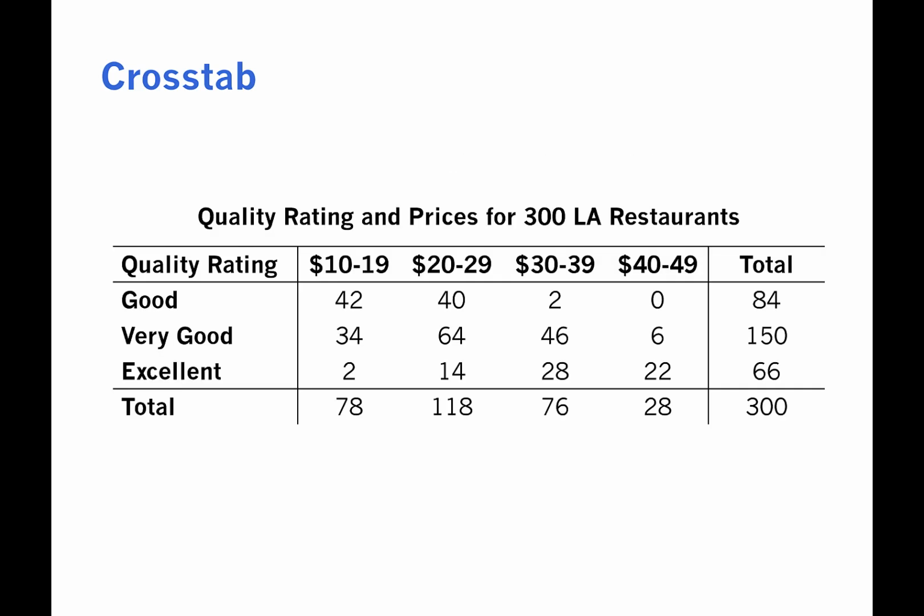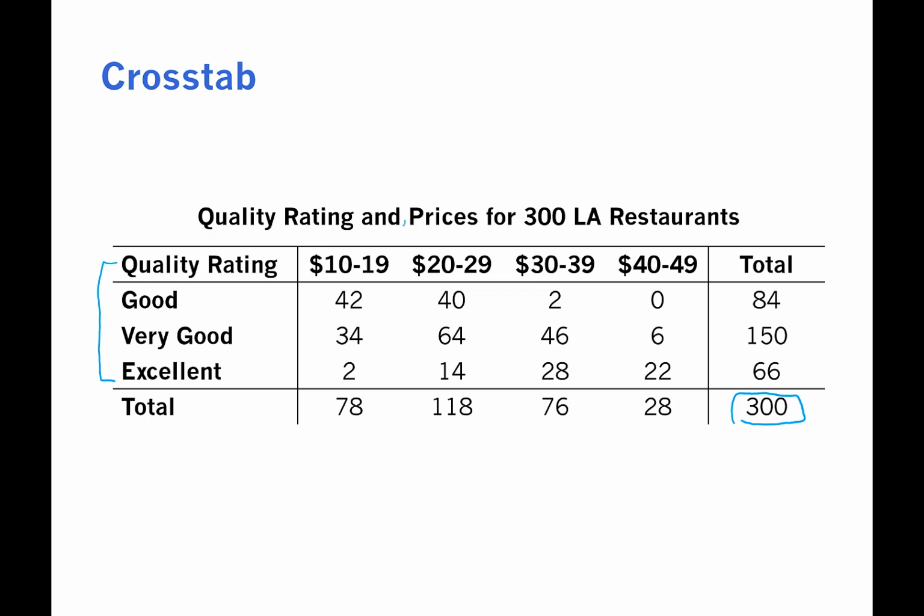Let me show you an example. What I have here is the quality rating and the prices for 300 restaurants in LA. Notice that my sample size is 300. That's the total number of restaurants I have in my sample. And then the quality rating is actually a categorical variable, and it has three categories: good, very good, and excellent.